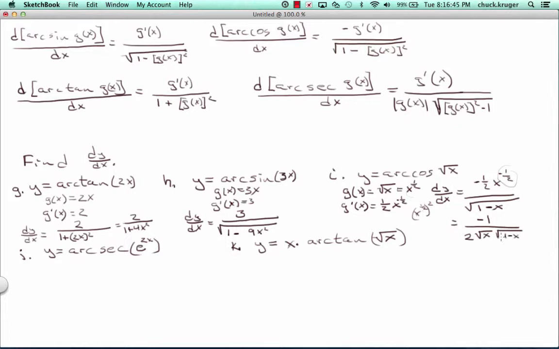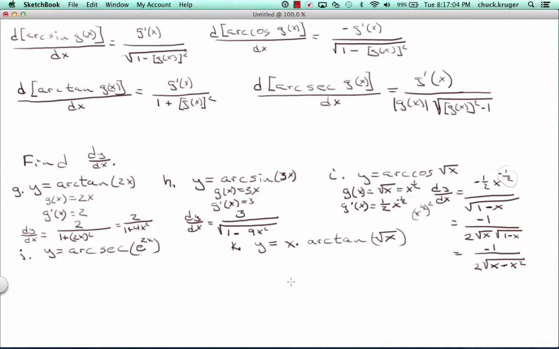Now since both of these are in the radical, I can multiply through. And my final answer is going to be a negative 1 over 2 times the square root of x times 1 is x, minus x times x, which is x squared. And that's my final answer.